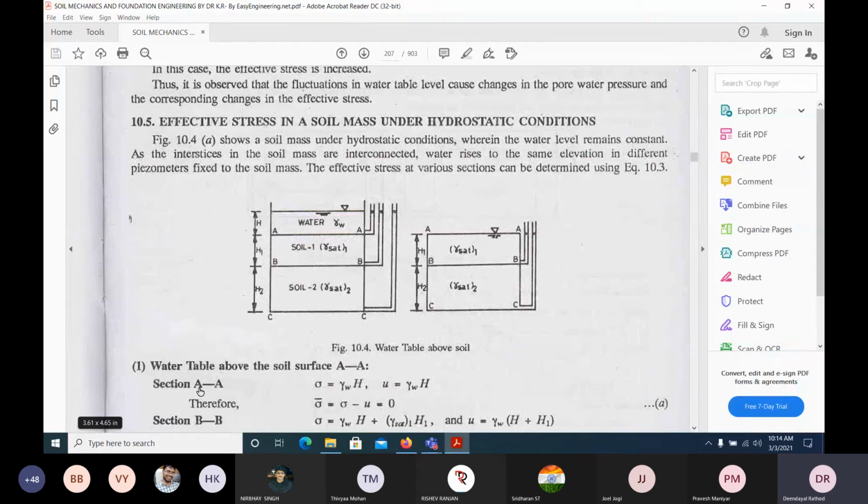Based on the definition of our effective stress, think.